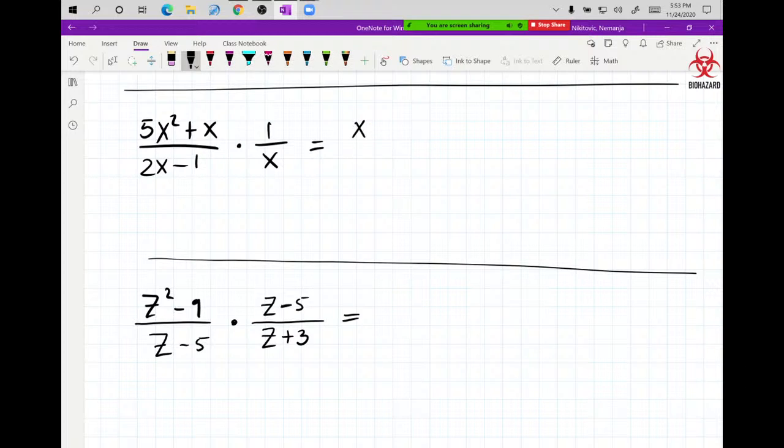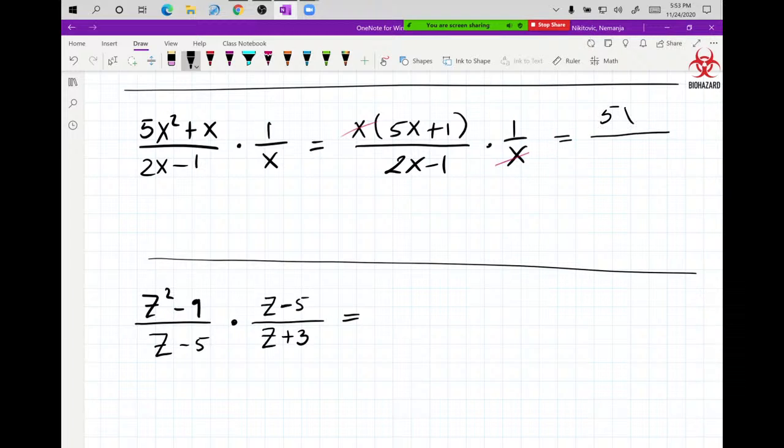We kick out x, we get 5x plus 1 divided by 2x minus 1 times 1 over x. And the only thing we can cancel is just x and x. That's it. Nothing else works, because this is 5x plus 1 and this is 2x minus 1, completely different animals.